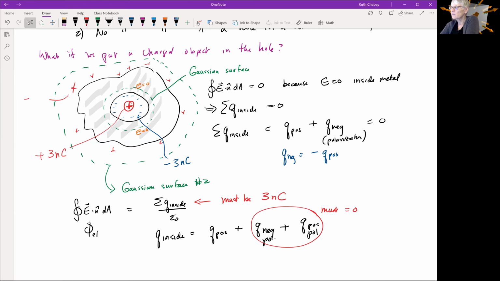So in fact, we must have a plus 3 nanocoulombs here. And so the flux we get on this surface has to be due to the 3 nanocoulomb charge that we put in to start with. So there's some interesting things we can conclude from this.